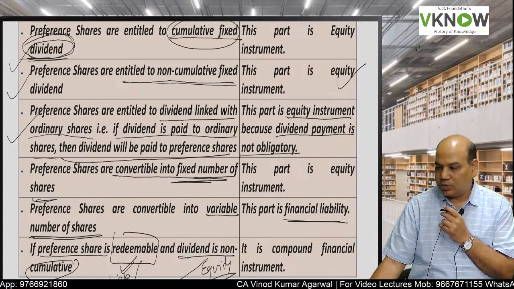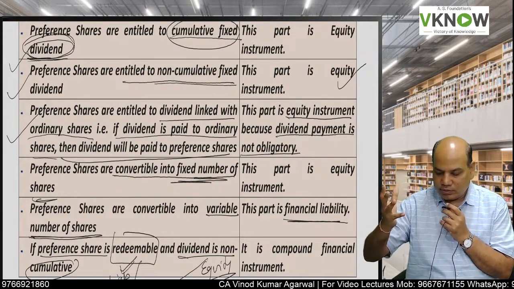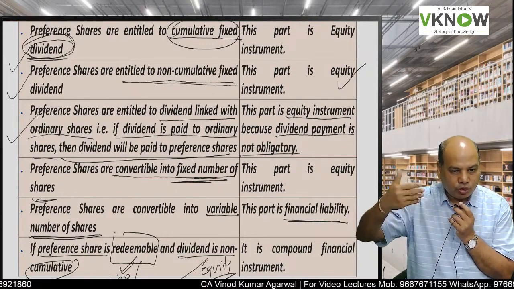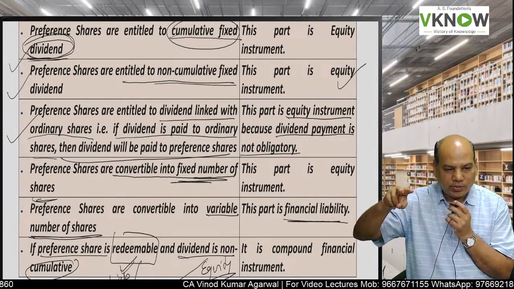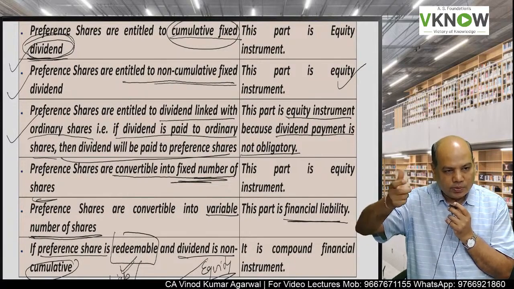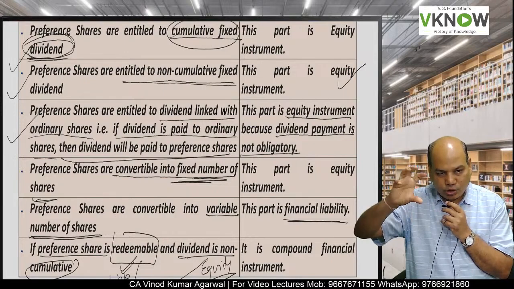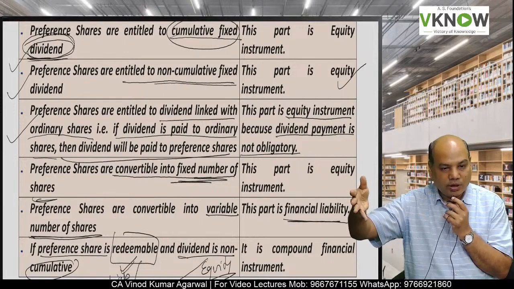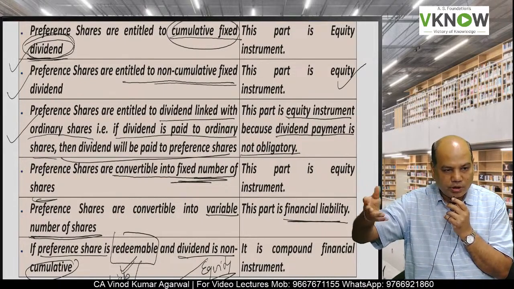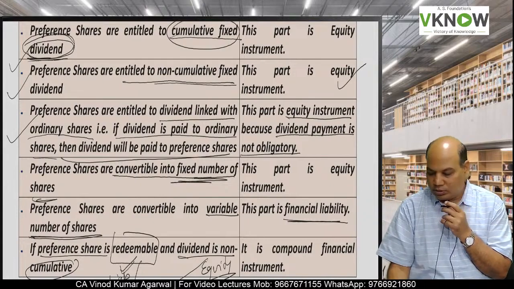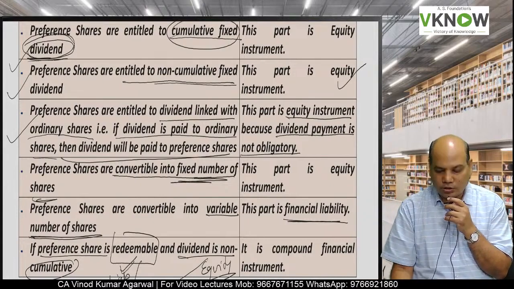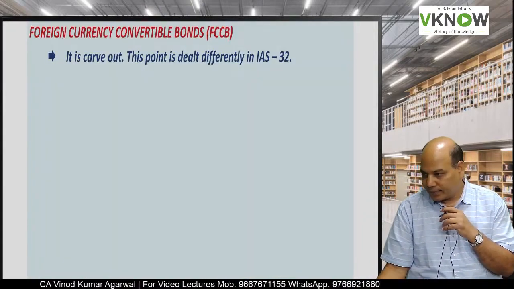So if a preference share is redeemable and the dividend is non-cumulative, there are two elements. One is the redemption of the principal amount, which cannot be avoided, so liability, but dividend can be avoided, which is equity. Equity plus liability is called a compound financial instrument.